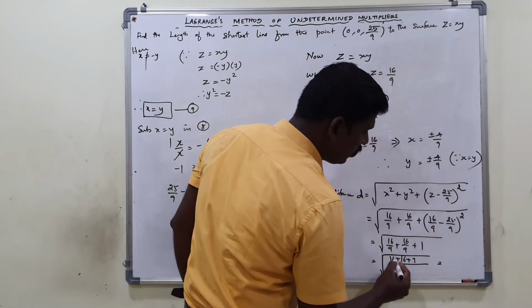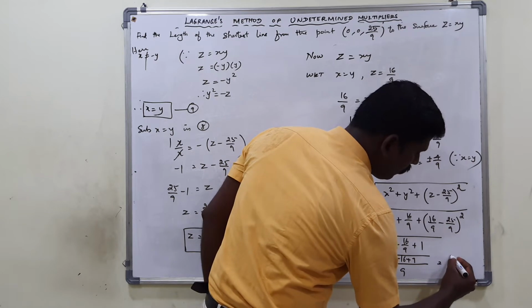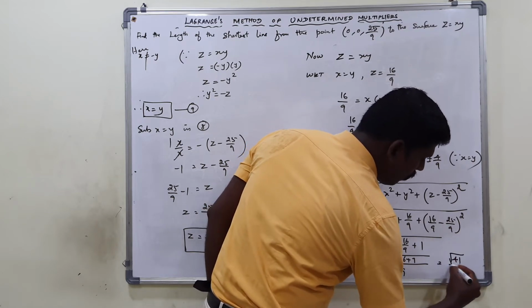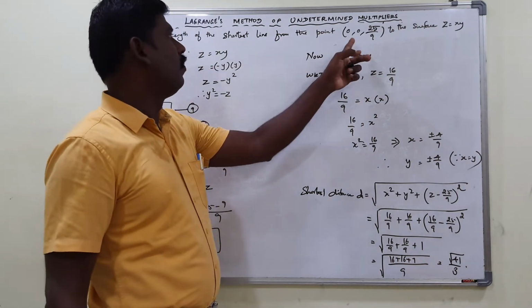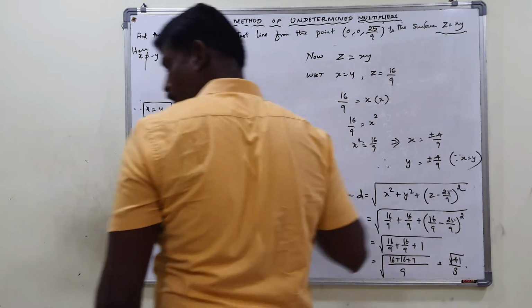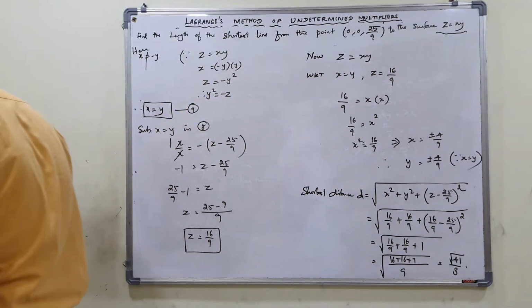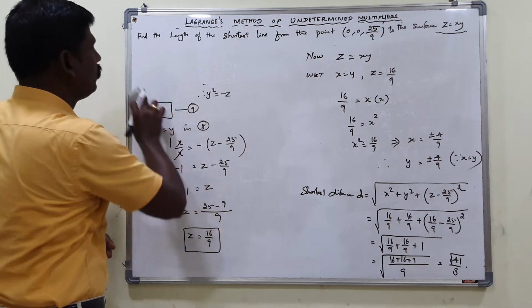So 32 plus 9, root 41 by 9. So root 41 by 3 is the shortest distance from the point to the surface z equal to xy. That's a very easy problem. Next one.